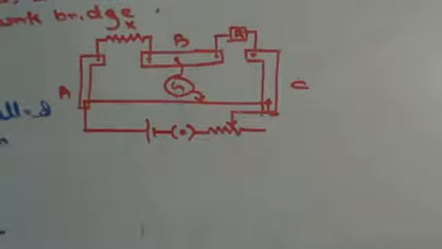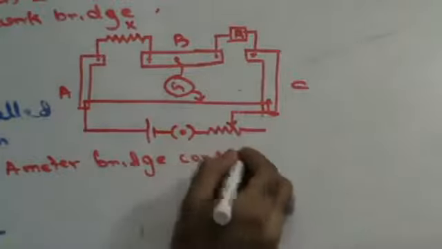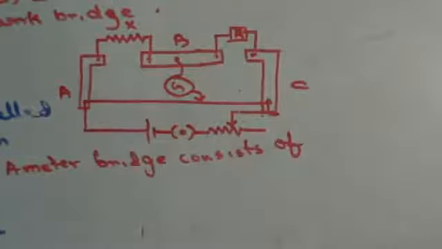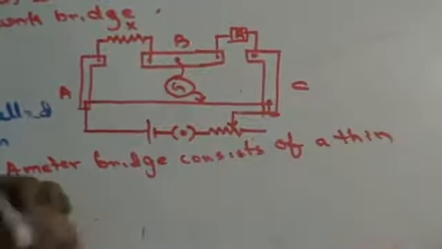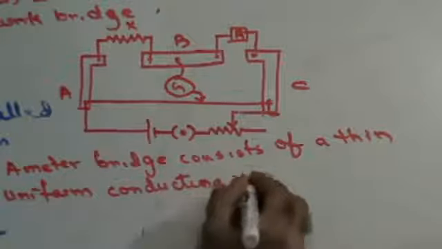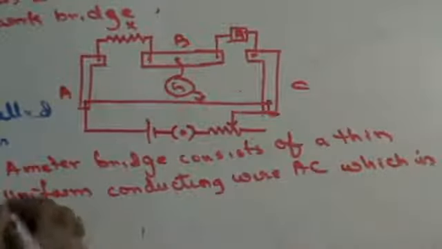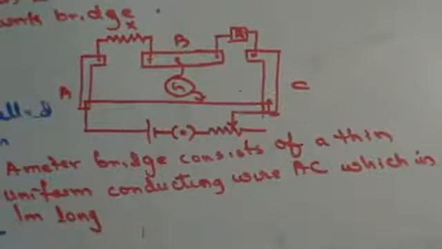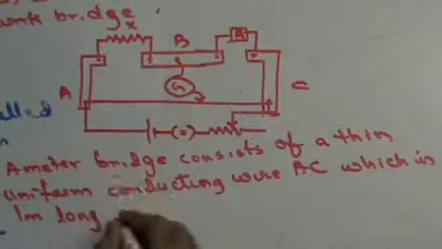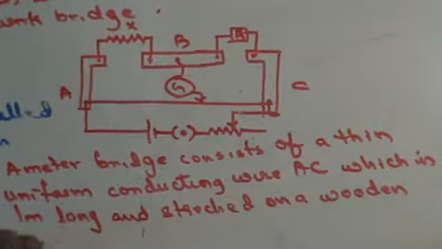So let's first see the construction of a meter bridge. A meter bridge consists of a thin uniform conducting wire AC, which is 1 meter long, and stretched on a wooden board.